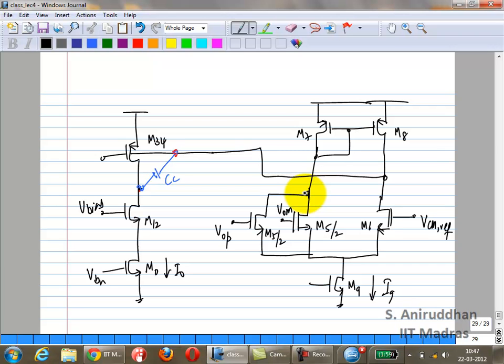So the current is GM5 times VOP plus VON by 2 only when VOP and VON are very small. Correct? If the swings are very large, then the transconductor is no longer linear. Think of the case, for example, when one side is very large, the other side is very small. That is a common mode. What will happen is, one side will carry all the current, the other M5 by 2 may carry no current, for example. Okay?